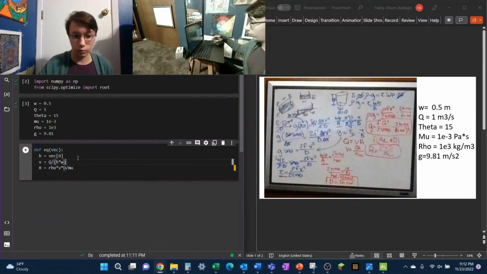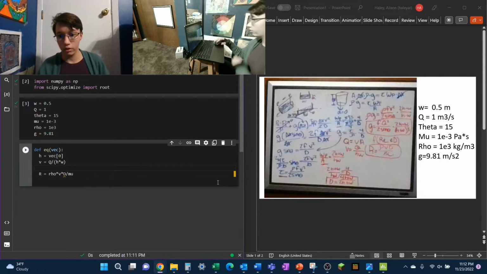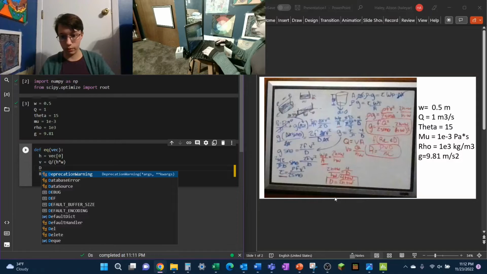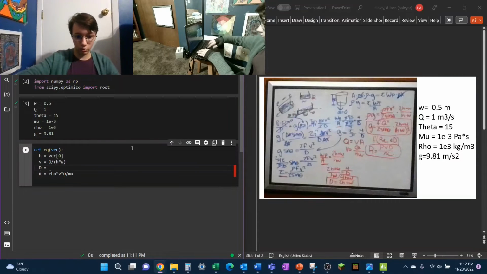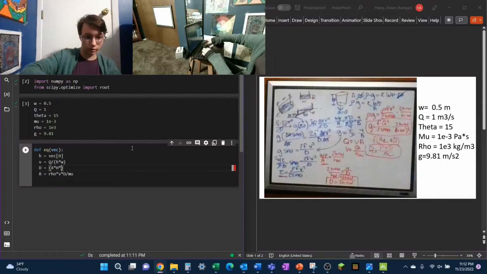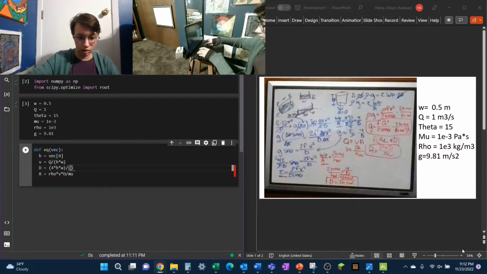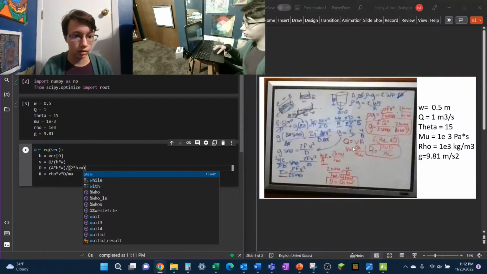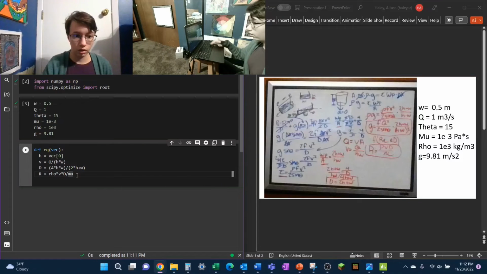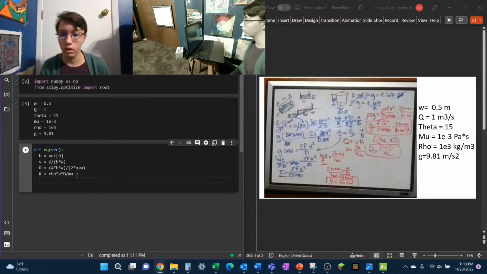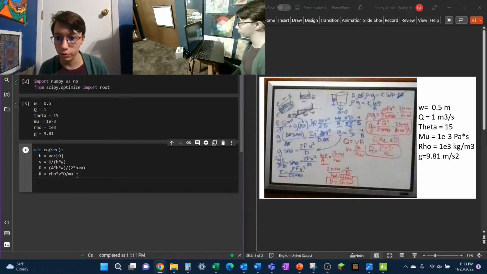Right, and then we need our diameter. So we'll have our diameter, that's from down here, is going to be equal to 4 times h times w, divided by 2 times h plus w. Alright, so that should be all for now.